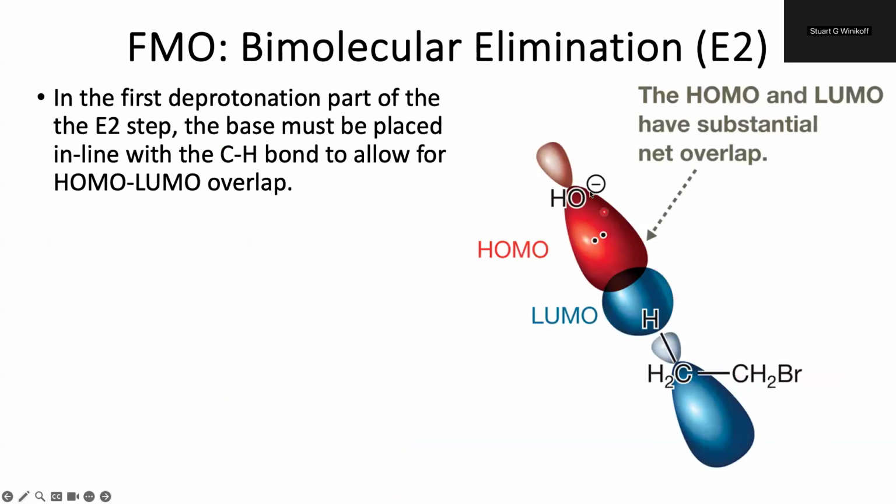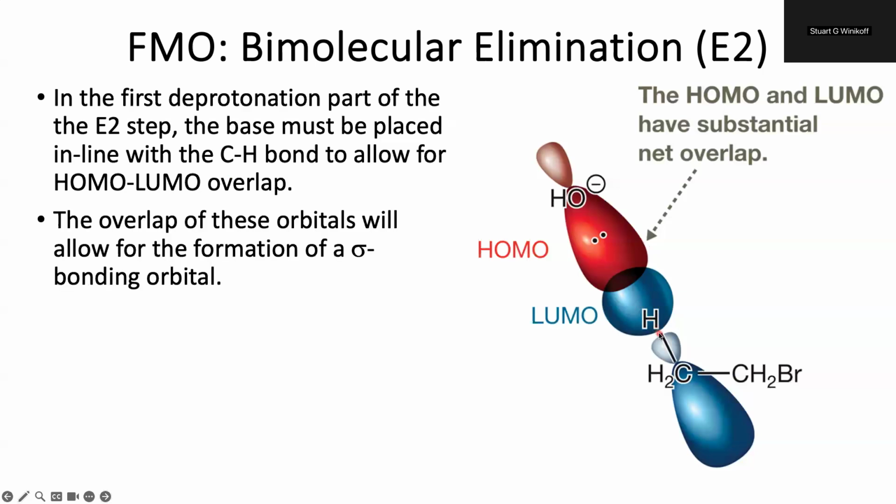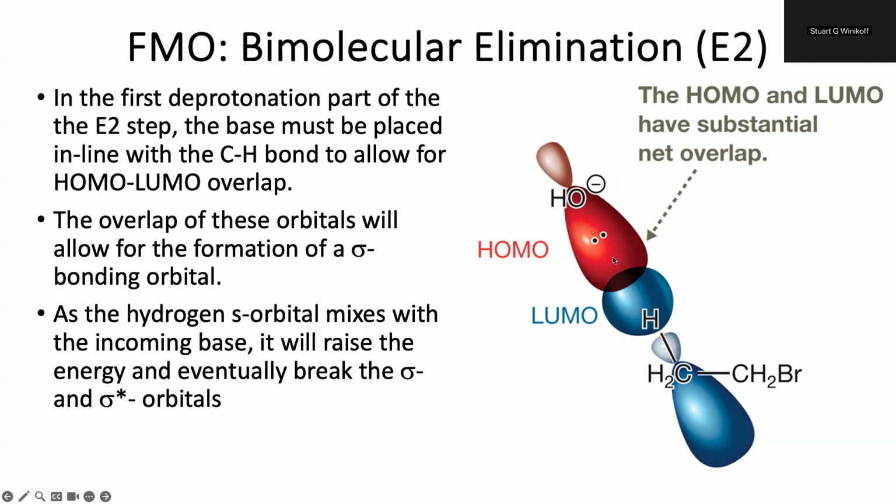The first step looks like a simple proton transfer. My hydroxide is coming in with its non-bonding orbital and overlaps with that antibonding orbital. That hydrogen 1s orbital is gaining electrons, so we've got a good interaction here. I'm pumping electrons into that antibonding orbital, which is going to allow the breakage of the CH sigma bond while I'm forming an OH sigma bonding orbital.